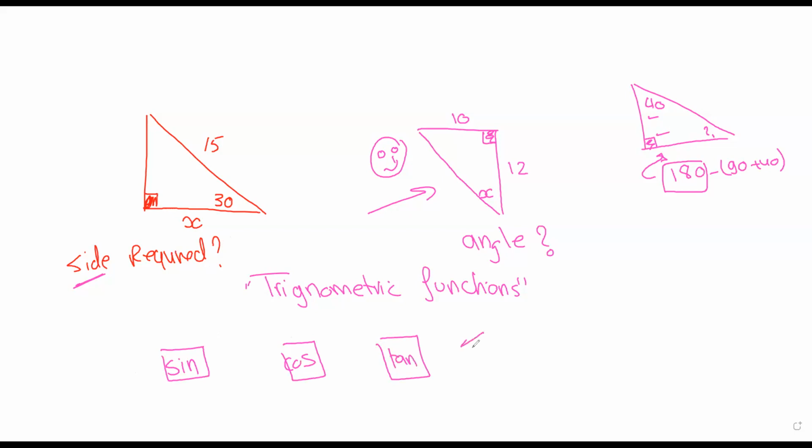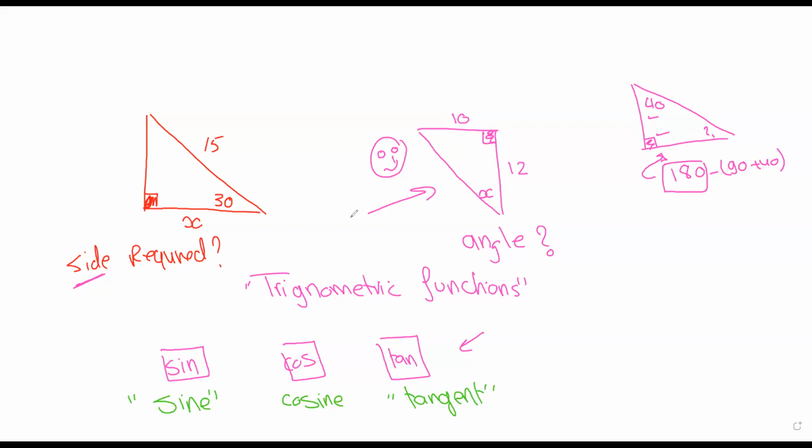Now, what are the 3 trigonometric functions that we're going to discuss today? The first is the sine function, the second is the cosine function, and the third is the tangent function, or sine rule, cosine rule, tangent rule. These are 3 rules that math people came up with that will help us solve these 2 triangle questions.